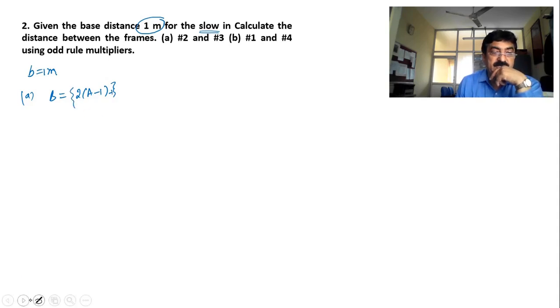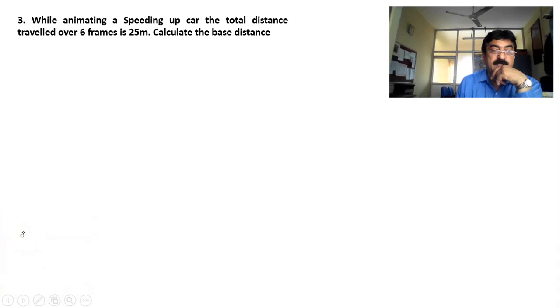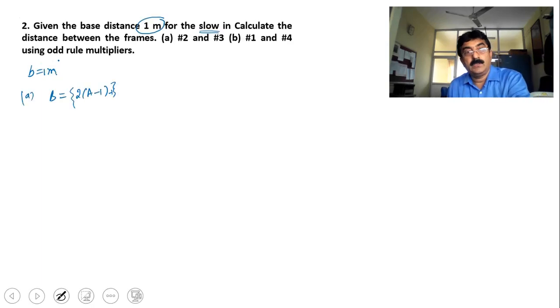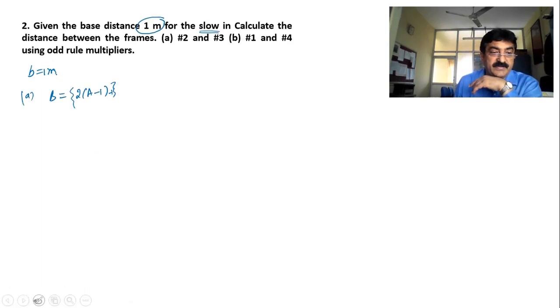Let me write it distinctly. Base distance is, 2 into A minus 1 into base distance.